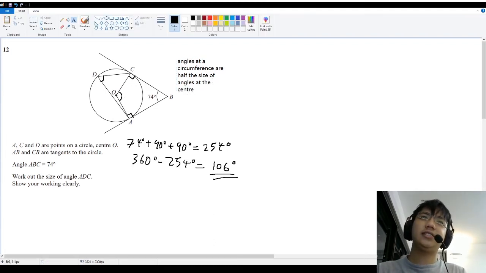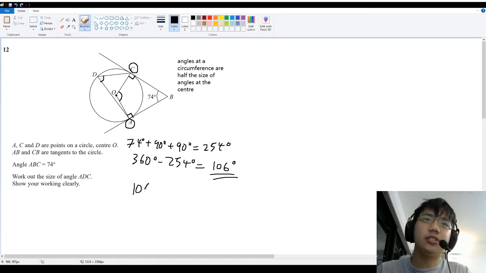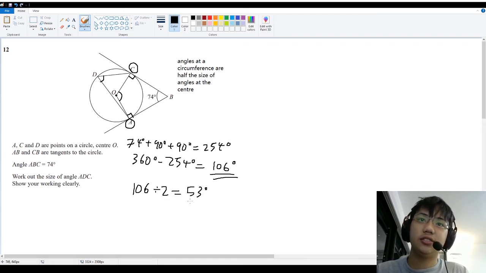So this angle is at the center, so AOC is an angle that passes through the center. ADC passes through the circumference, but they're subtended from the same two points A and C. So the size of ADC will be 106 divided by 2, which is 53 degrees. So that's the answer for question 12.